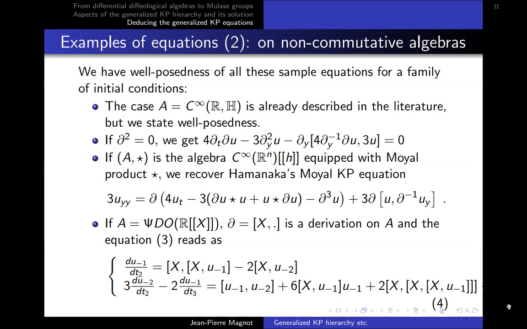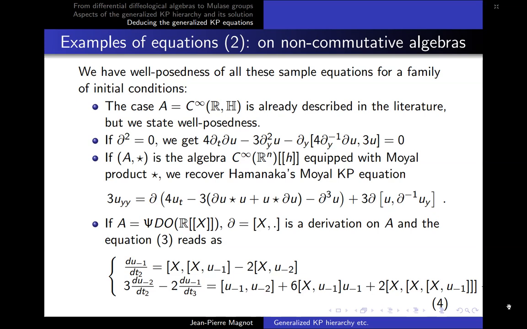The second line will give us nonlinear equations, which are, of course, integrable, since the KP hierarchy is integrable. But well, it has to be stated.